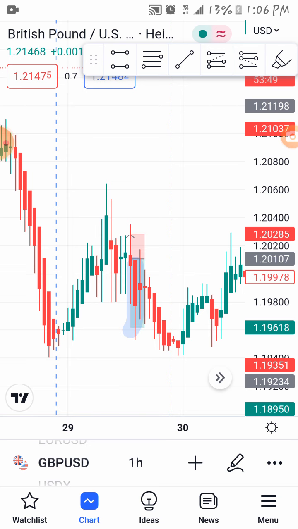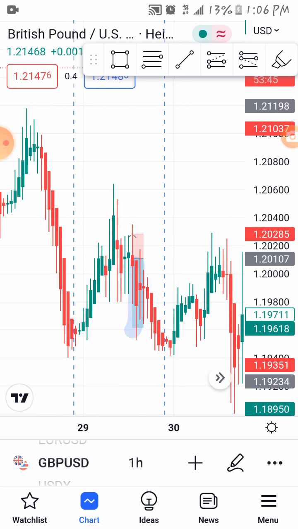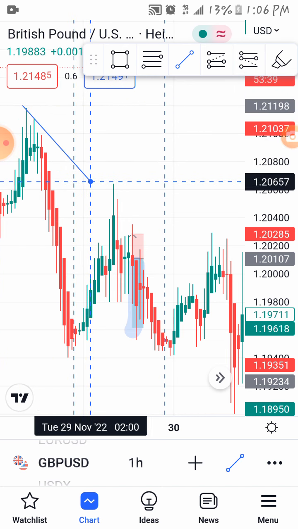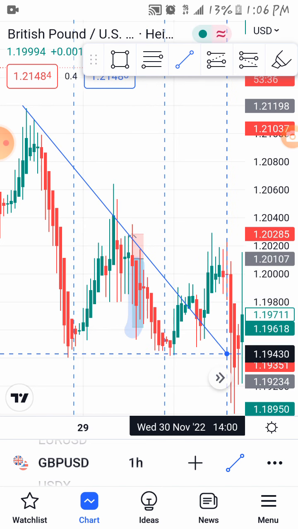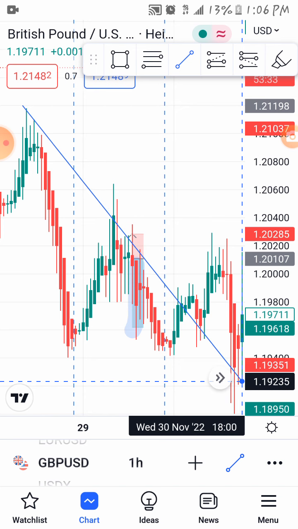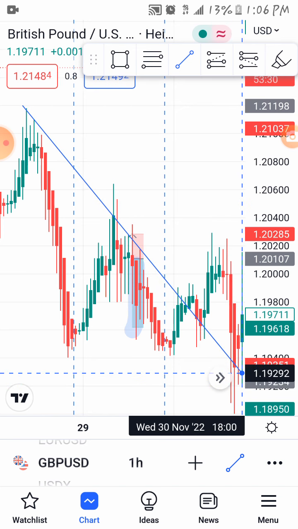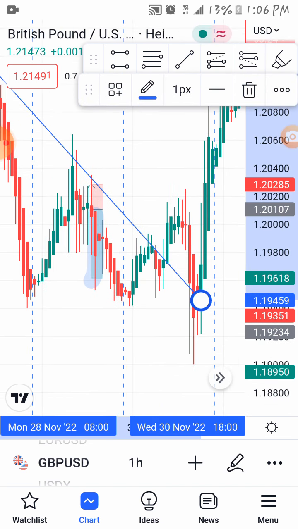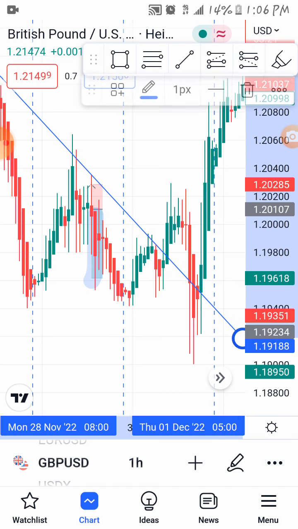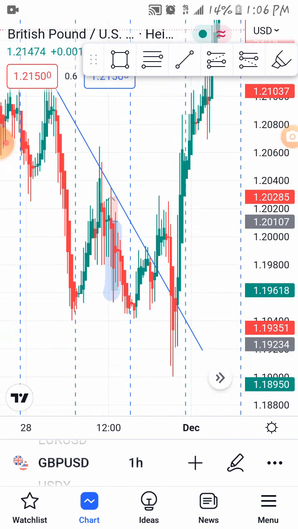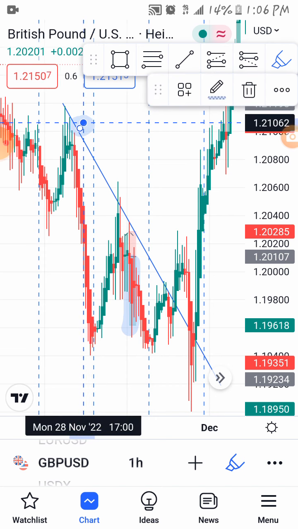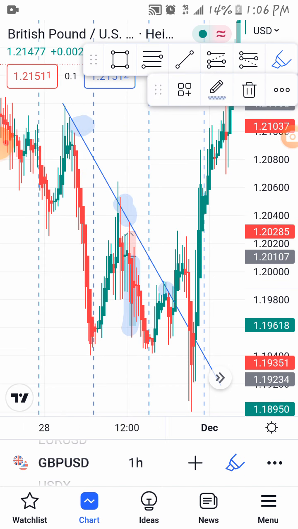Now this is on the 1 hour time frame, right? As you can see on the 1 hour time frame, we had a trend line touch here, another one here, another one here, and then we got a breakout from here to the upside.